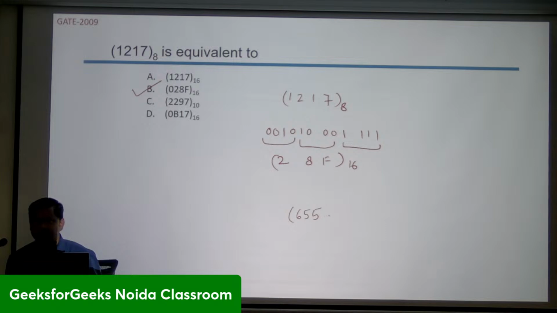That's it. 655 base 10, which is not matching with the given option. Okay, so there is only one correct option for this question. 1217 base 8 is 28F in base 16. All right, that is the only correct option.